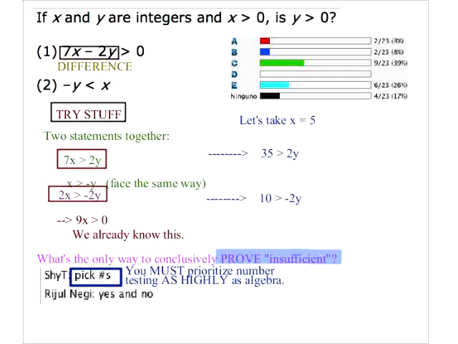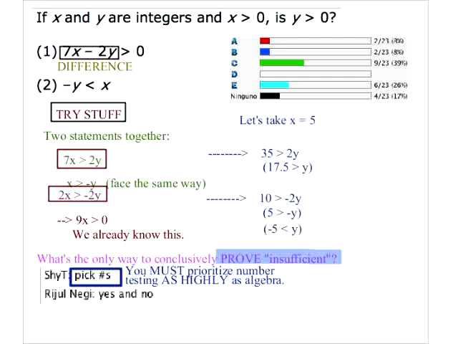So this means that y is something less than 17.5 up here. And this means that 5 is less than negative y. Divide by negative 1, that turns the inequality around.